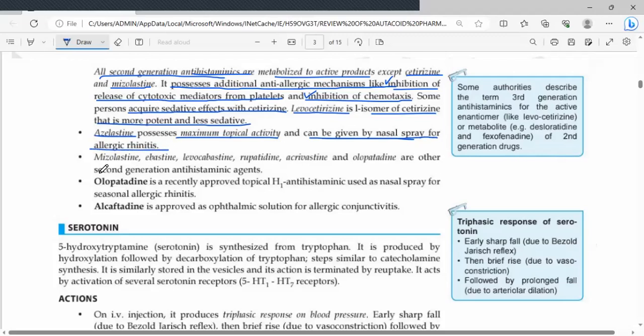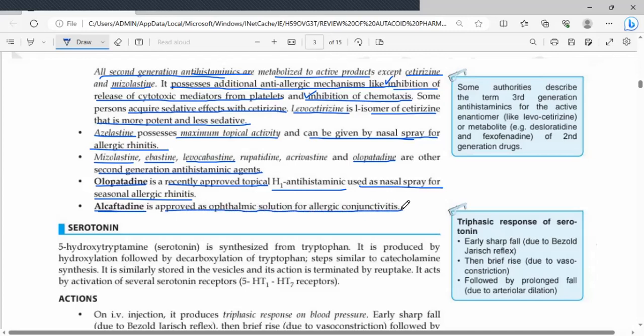We have other second generation antihistaminic agents such as mizolastine, ebastine, levocabastine, and olopatadine. Now, olopatadine is a recently approved topical H1 antihistaminic used as a nasal spray for seasonal allergic rhinitis. Whereas alcaftadine has been approved as an ophthalmic solution for allergic conjunctivitis.